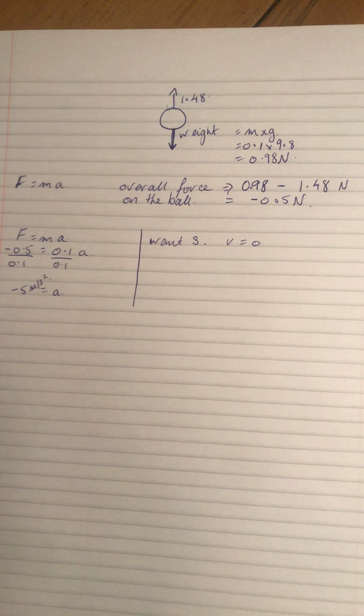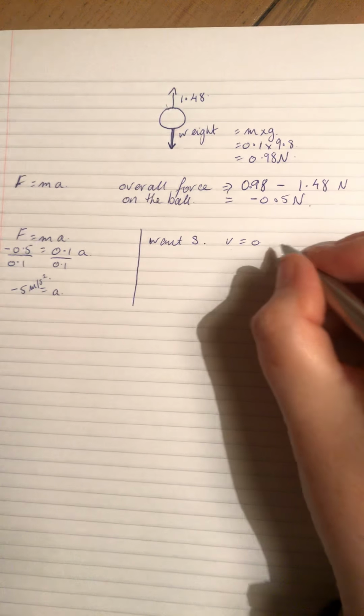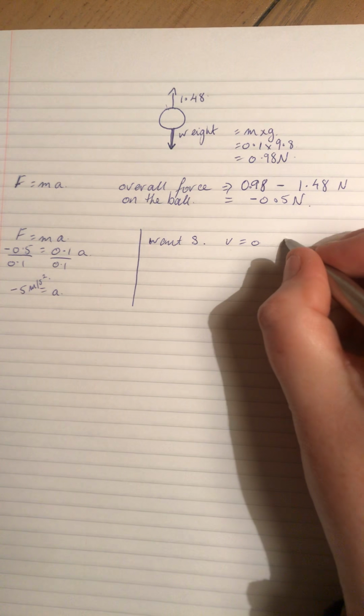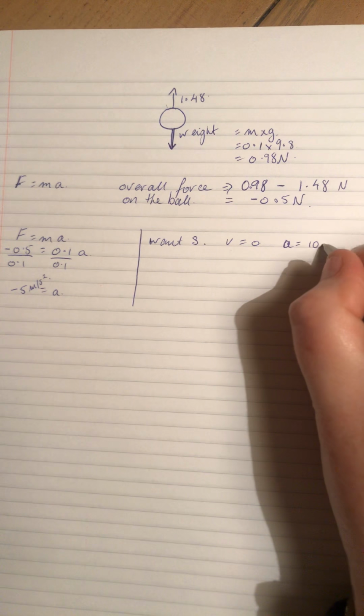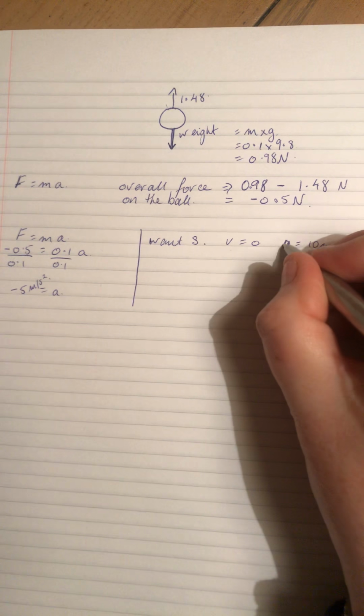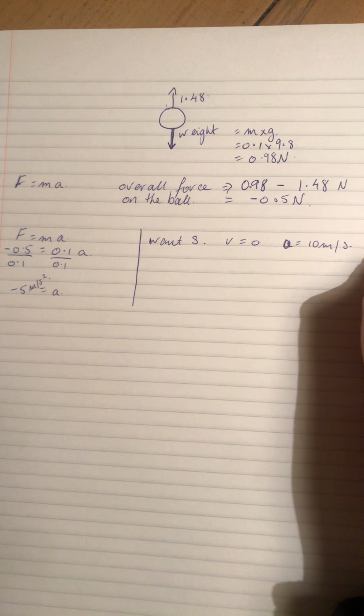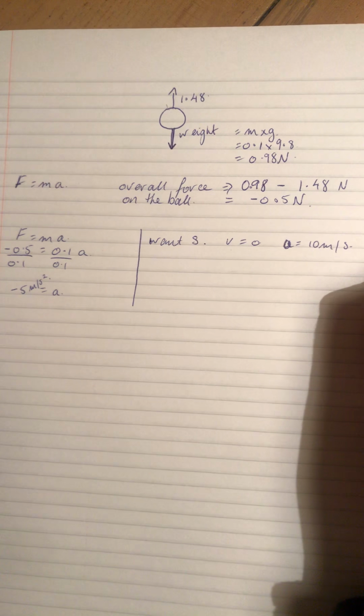Okay, do we know the initial speed? Yes, we do know the initial speed. That is 10 meters per second. So u is equal to 10 meters per second. Okay, and we know that a is equal to minus 5 meters per second squared.